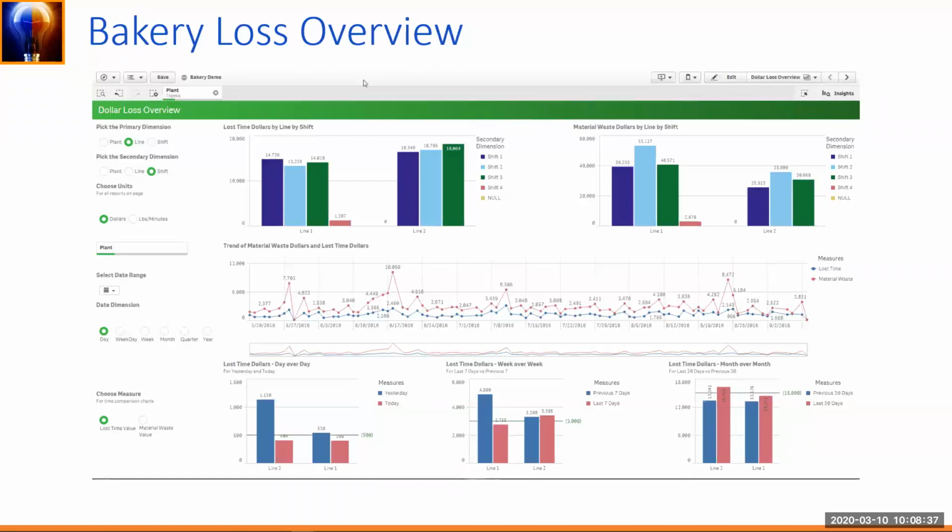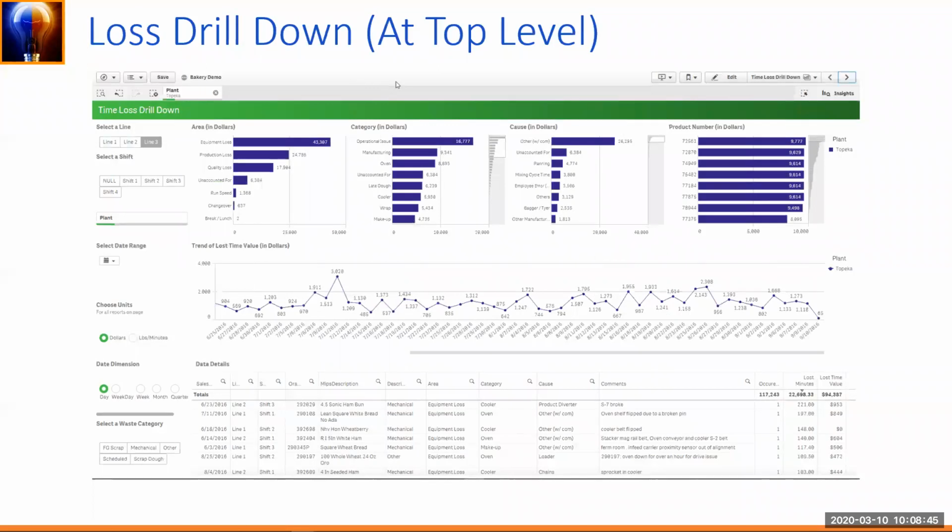But it still doesn't get down to that level of detail of why. And so what we did next was, for every single downtime event, for every single scrap event and so forth, we started collecting information about why. And over time, what we were able to build is this really nice Pareto of where the losses were occurring, and then what was the category of loss at that spot, and then what was the cause for that particular downtime event, as well as additional information of who was running the process, what was the product that was running and so forth, so that we can analyze those things as well.